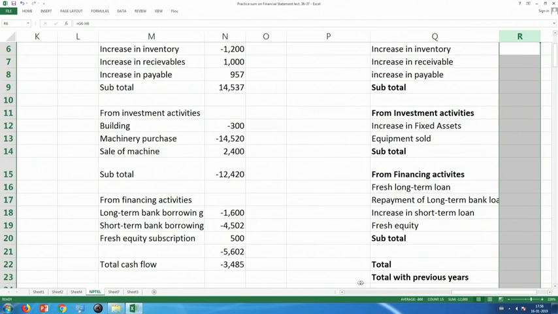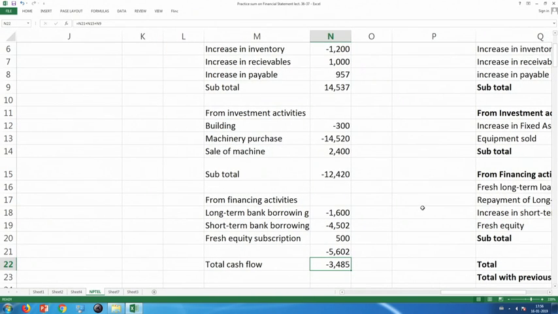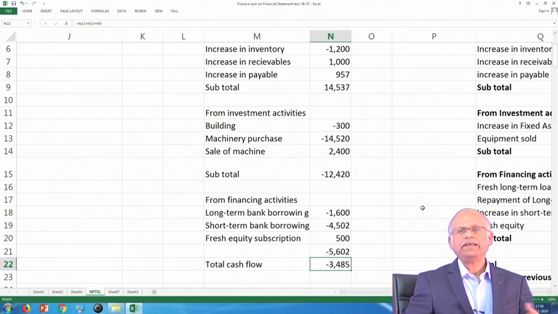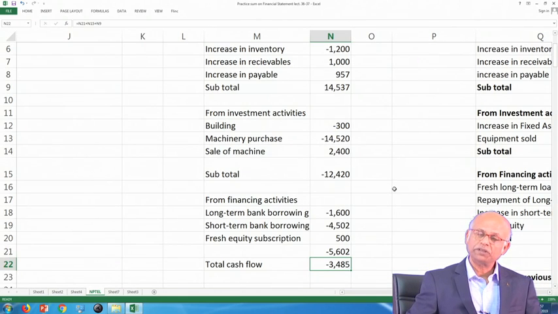Okay. So, now notice that there is a negative cash flow, which happens when company invest more than they make profit. Suppose they make a profit of say 20,000 rupees, but during the year they make more investment in plant and machinery, or their inventory goes up, or receivable goes up, or their payable goes down, meaning that they make too much payment to the suppliers.